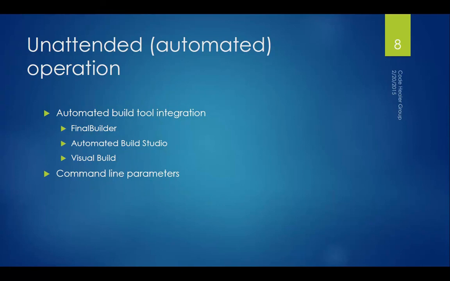And then other build tools can make use of our comprehensive command line parameters to integrate CodeHealer and its analysis into your continuous integration process, so that you can automatically run CodeHealer reports and export the results.